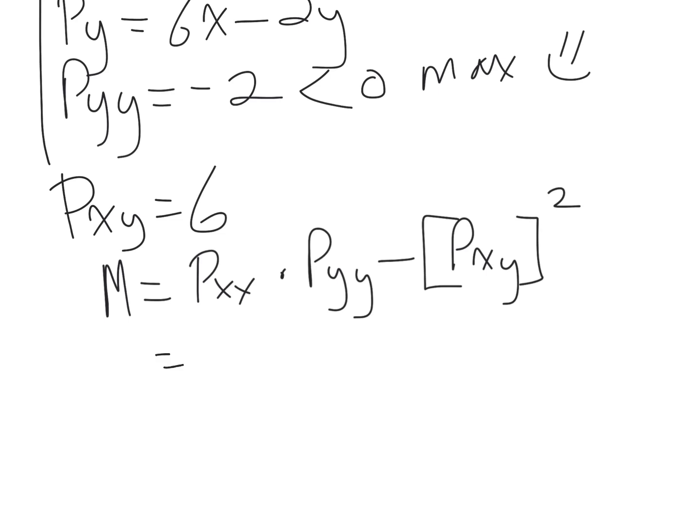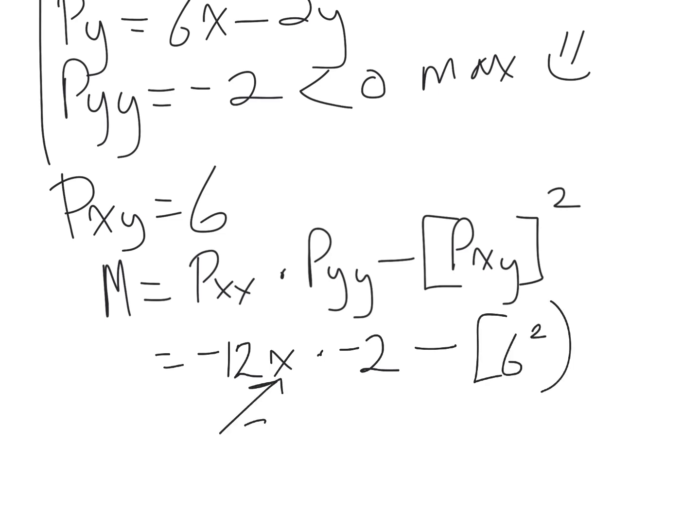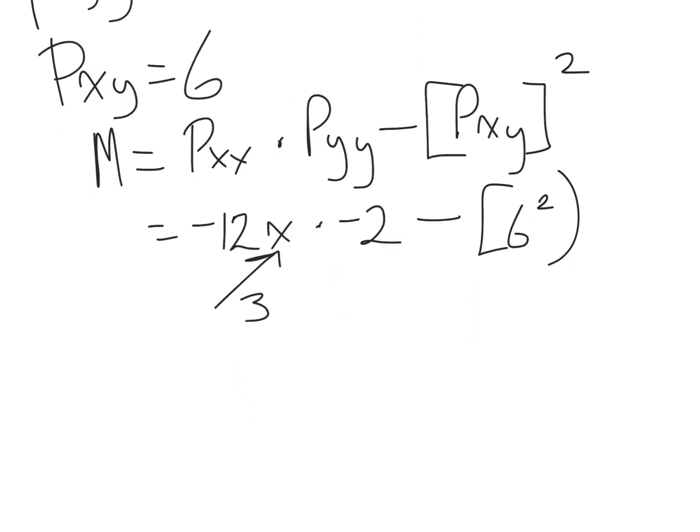So pxx is minus 12x times minus 2 minus 6 squared. And I'm going to substitute 3 in here because that was the value of x that we determined was the critical point, the point where we have a maximum.